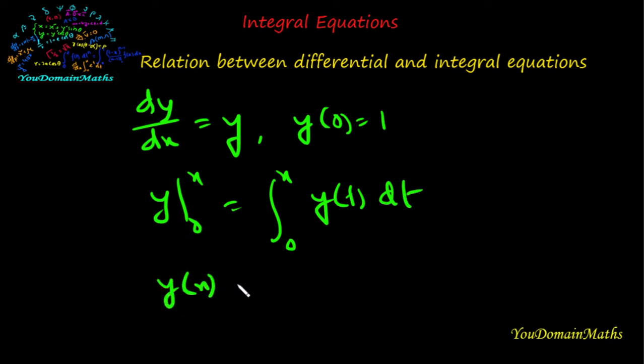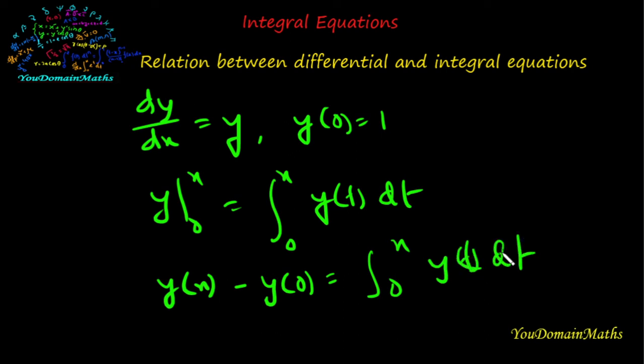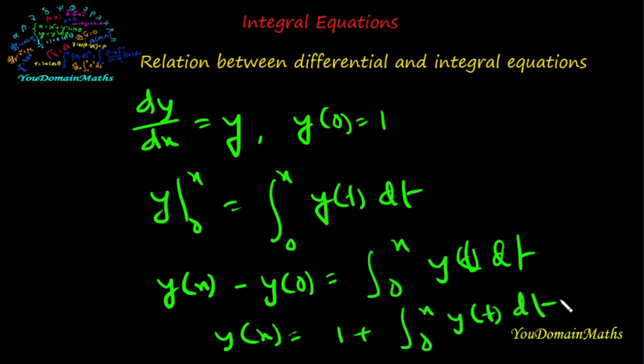So we can write y of x minus y of 0, that means 1, equal to the integral from 0 to x of y of t dt. So y of x equals 1 plus the integral from 0 to x of y of t dt. Now we verify that these two equations are the same.